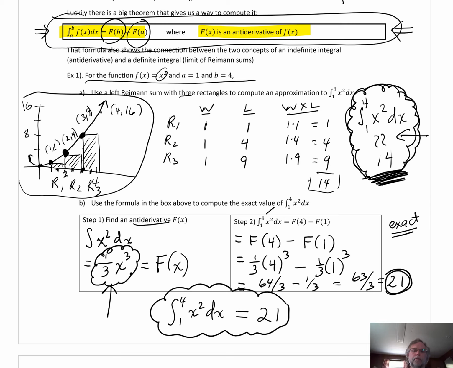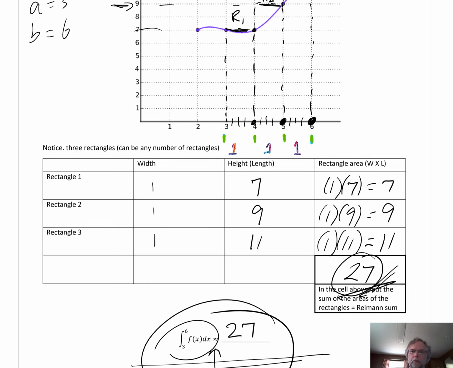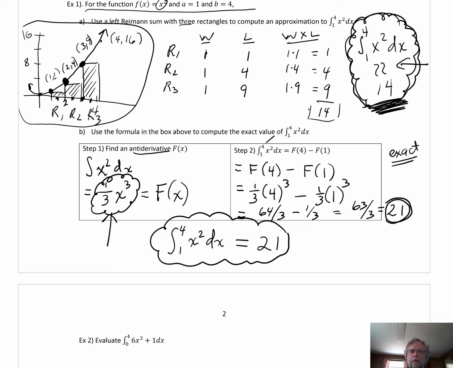If we used 100 rectangles, or a big huge chart, really cumbersome to do that, but you could do it in a spreadsheet actually. These charts here lend themselves to that. Your sum of the areas of the rectangles, there would be many rectangles in there, would be close to 21. Okay, and the more rectangles you use, the closer it would get.